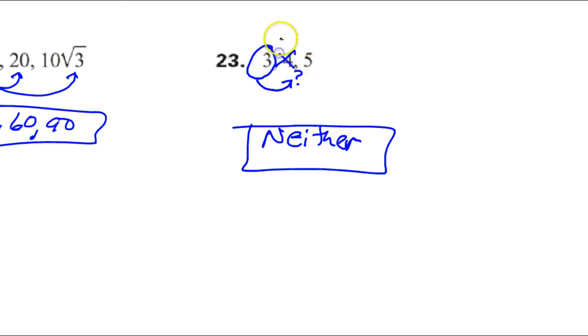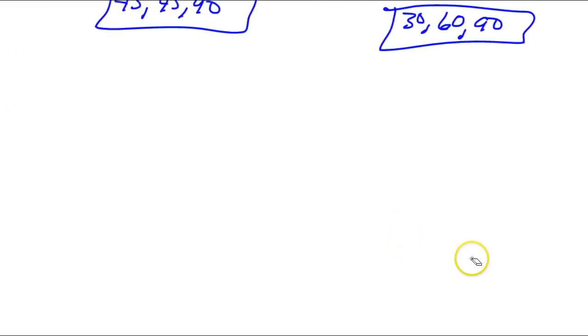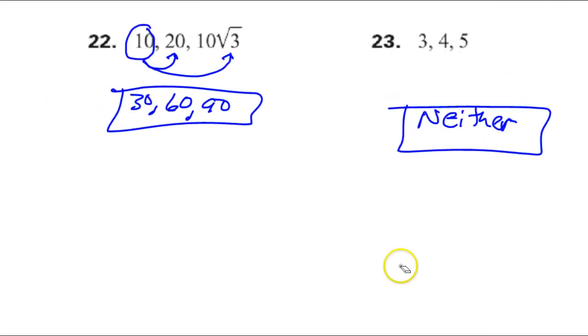This should be like a 6, and this should be 3 radical 3, because you double it to get your hypotenuse, and multiply by radical 3. So that was just completely wrong. That's definitely neither. Now, that was the last problem.